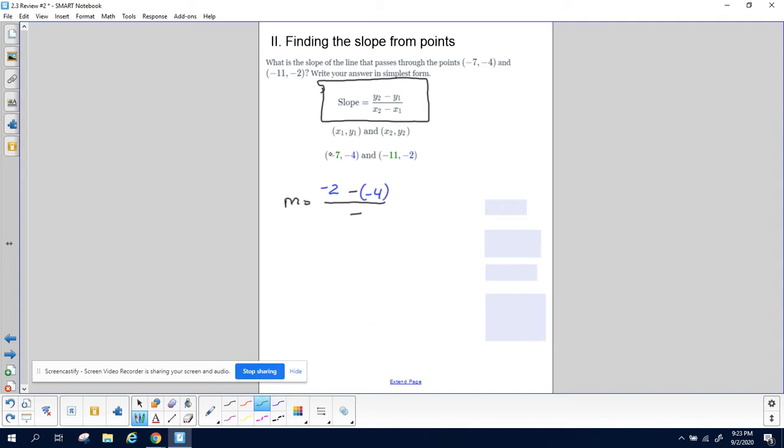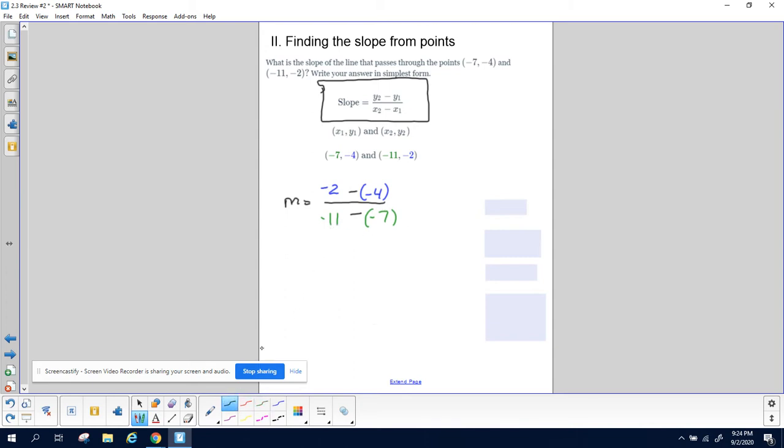Now, the x2 number, subtract the x1 number, goes on the bottom. The y values are subtracted on the top, the x values are subtracted for the denominator. This is also considered rise over run.